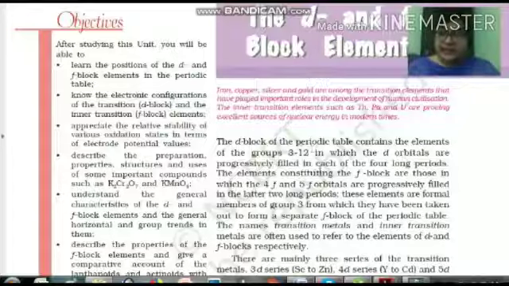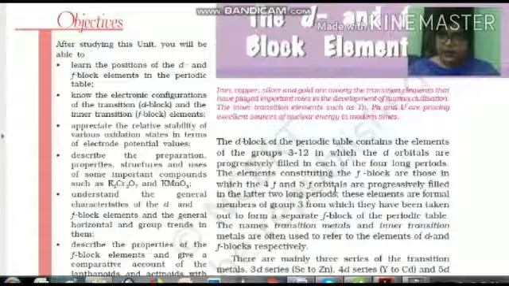The elements constituting the F block are those in which the 4f and 5f orbitals are progressively filled in the later 2 long periods. These 4f and 5f orbitals are formal members of group 3, from which they have been separated.